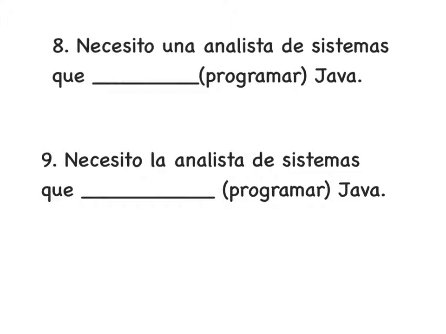Okay, let's do 2 more. Just 2 more. Okay. Necesito una analista de sistemas que programar Java. Should we use the subjunctive or should we use the indicative? Okay, we have necesito, which is one of those verbs that tells me, yeah, I'm going to need to use the subjunctive, maybe.